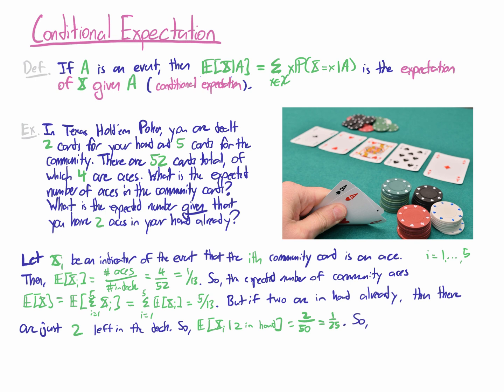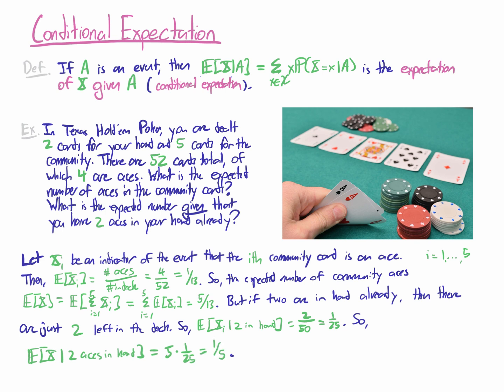So the expected value of this random variable X, the number of aces in the community pool, given the event 2 aces in hand, well, if I do the same calculation I did before, I'm going to wind up multiplying this probability by 5, and so I'm going to get 5 times 1 over 25 equals 1/5.